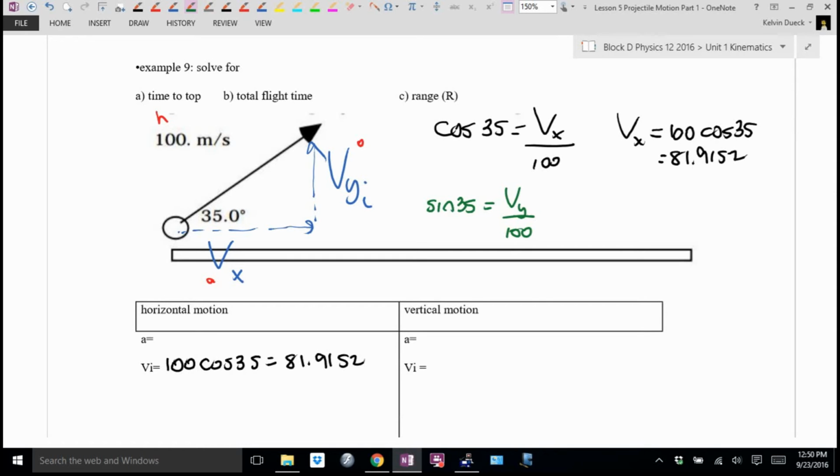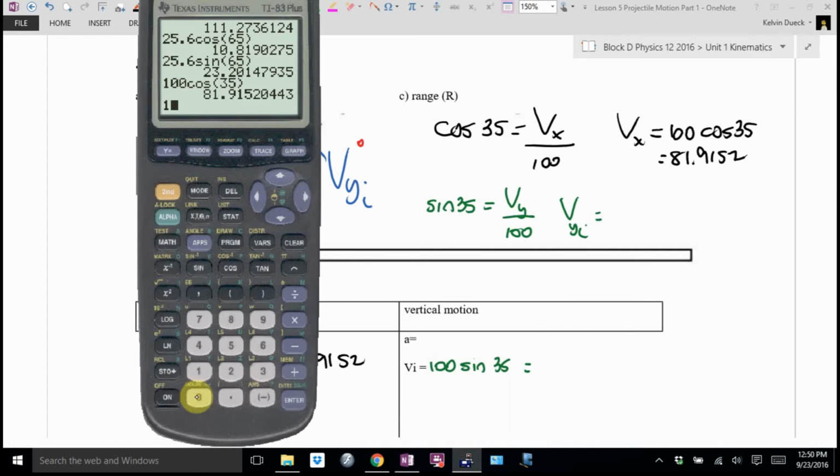Nicole says times by 100 again. Yeah. I think Vy initial is going to be 100 sine 35. You could also here write 100 sine 35, but let's just crunch the number. It's 57.3576.